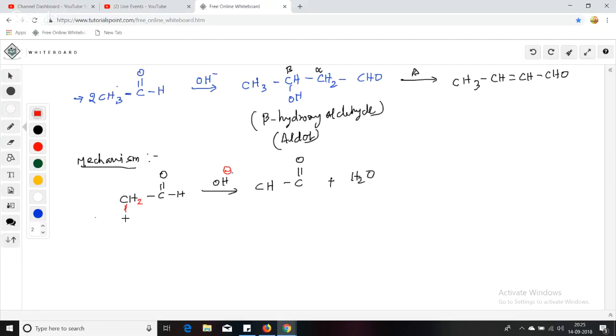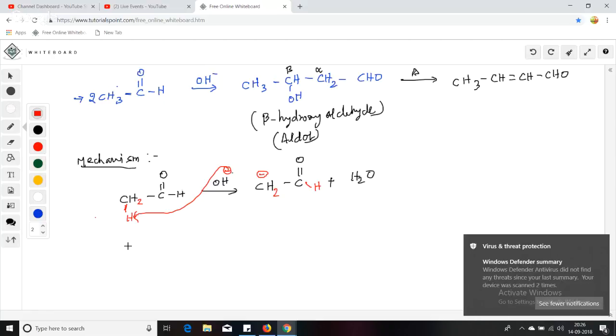This alpha hydrogen takes part in the reaction. So this OH minus attacks this carbon's hydrogen atom, H2O comes out and we get CH2 negative here, and this hydrogen will be as it is.